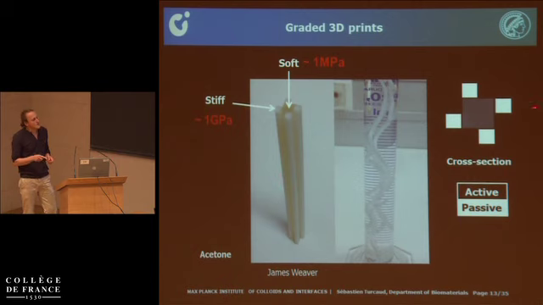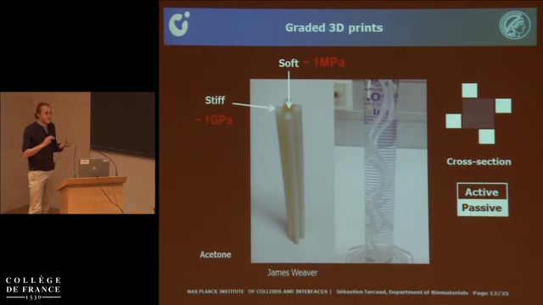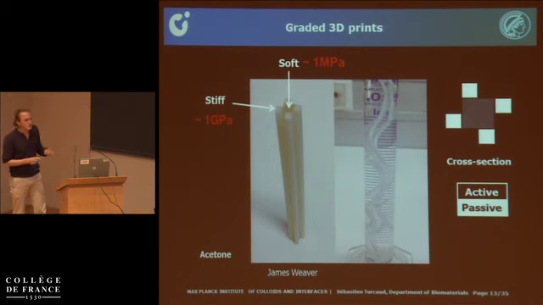In this example, the soft part is in the middle and the hard parts are on the side, because first we wanted to use pressure to activate it. But reading the safety data sheet of this material, which is polyurethane, it said don't put it in acetone, it works well. We said perfect, we put it in acetone.